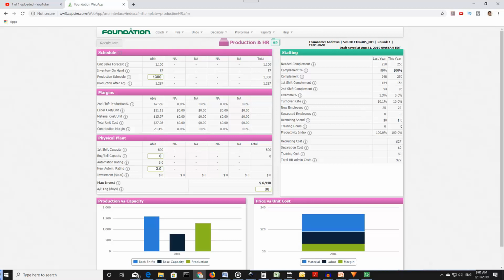The next line of the table consists of the total costs needed to fund the investments in capacity or automation. The max invest line describes the limit you have to invest in the current round. This is limited by your cash on hand and the decisions you could potentially make in the finance section. The final line of the table describes your AP, or accounts payable, lag.